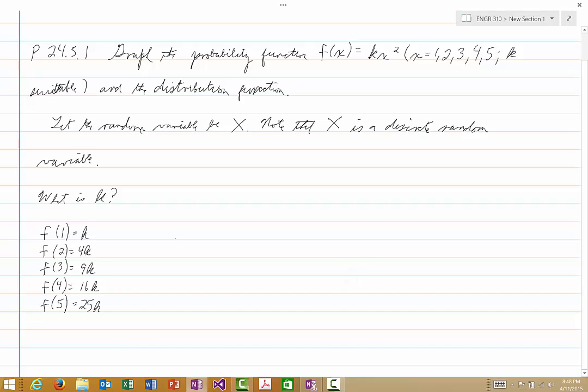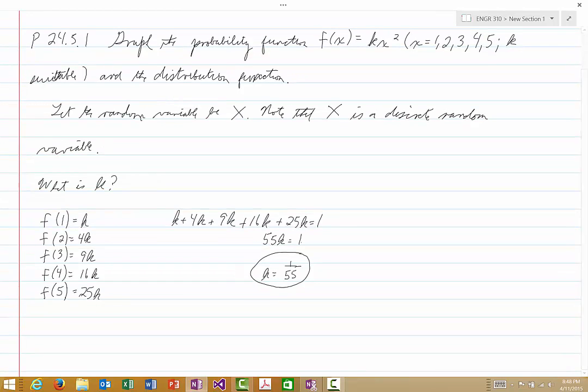So we say k plus 4k plus 9k plus 16k plus 25k is equal to 1. And 16 and 9 is 25, and 25 is 50, and then 5 more, so 55k is equal to 1, and therefore k is equal to 1 over 55. So that is the value of k in this problem.